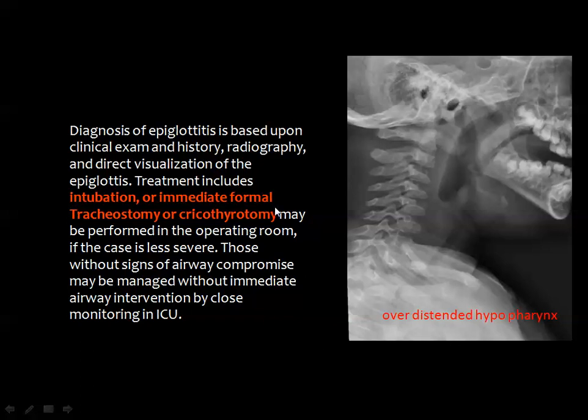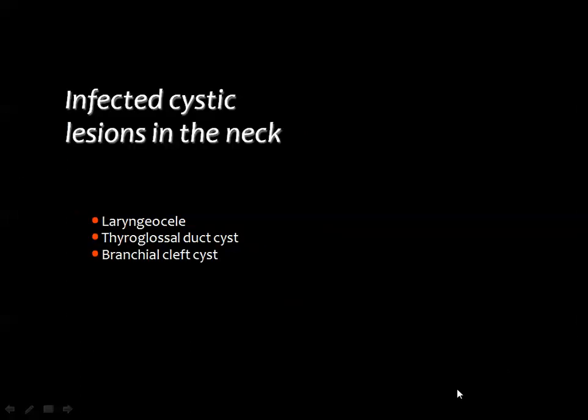The treatment includes intubation or immediate formal tracheostomy or cricothyroidotomy in order to ensure a patent airway. But if the patient has no signs of significant airway compromise, they may be managed without immediate airway interventions, without this tracheostomy, for example.